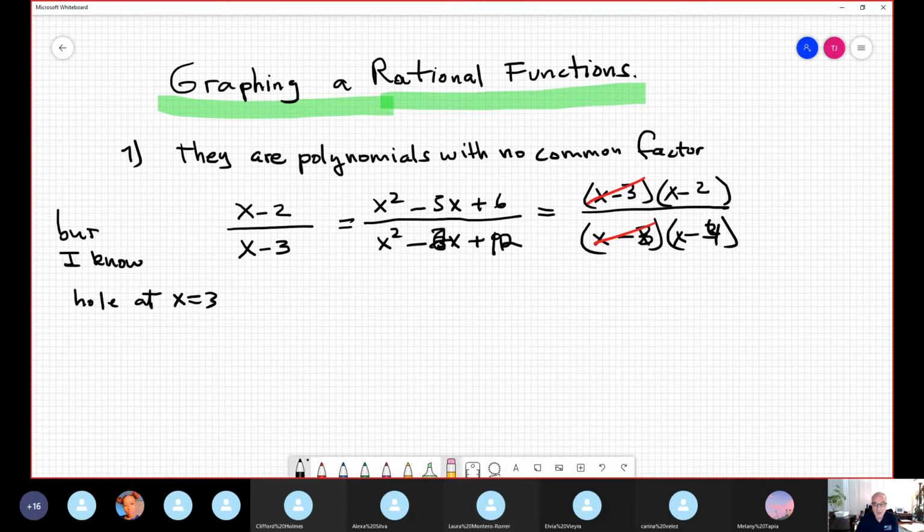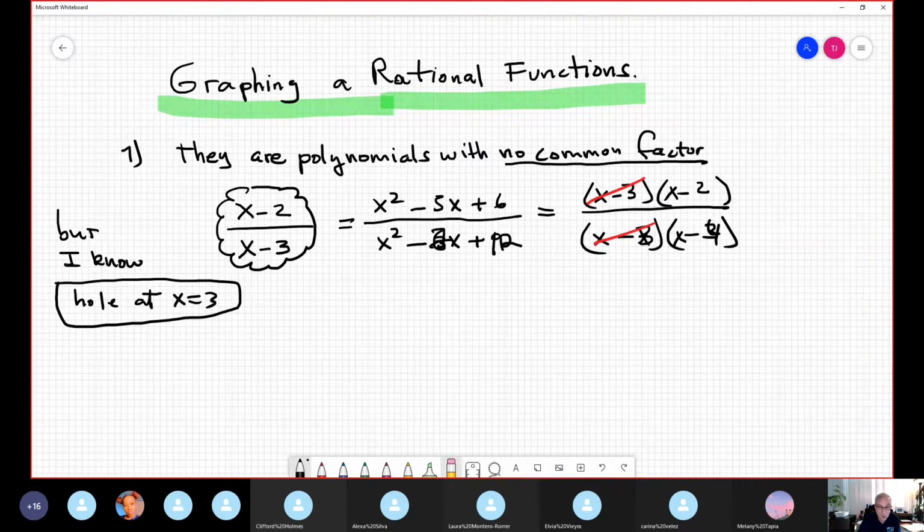You factorize the polynomial at the top and the polynomial at the bottom, and you cancel out the factor that is repeated, that is common. So now you continue with step 2 with the new expression that has no common factor. The common factor is cancelled out. And I know that we have a hole where that factor is gone.